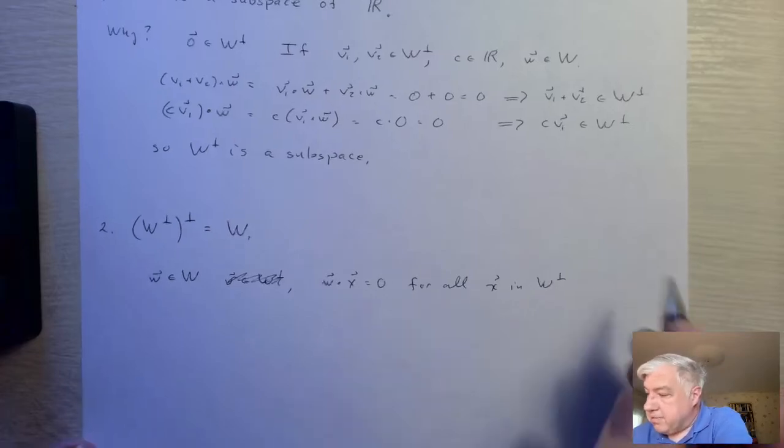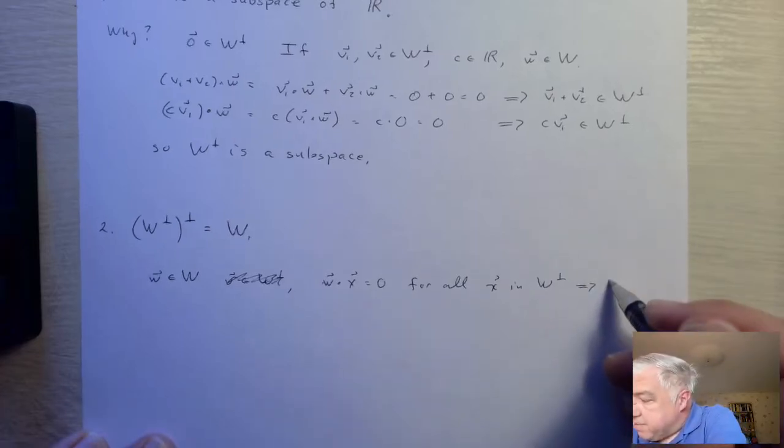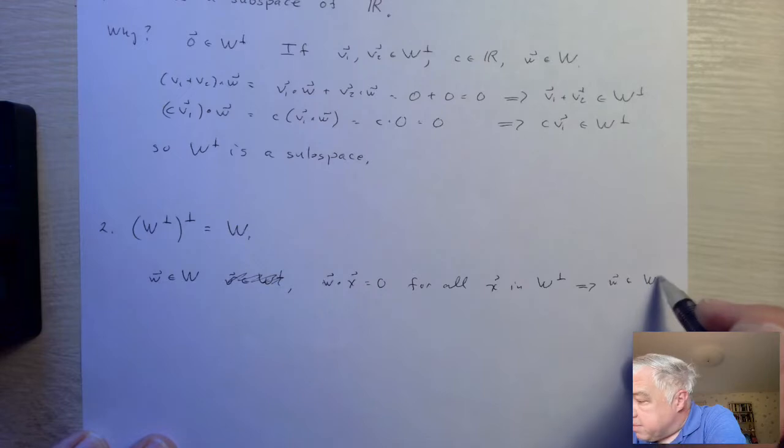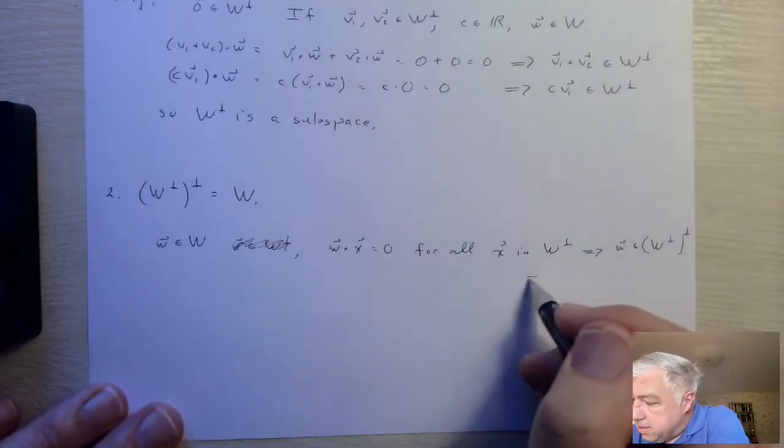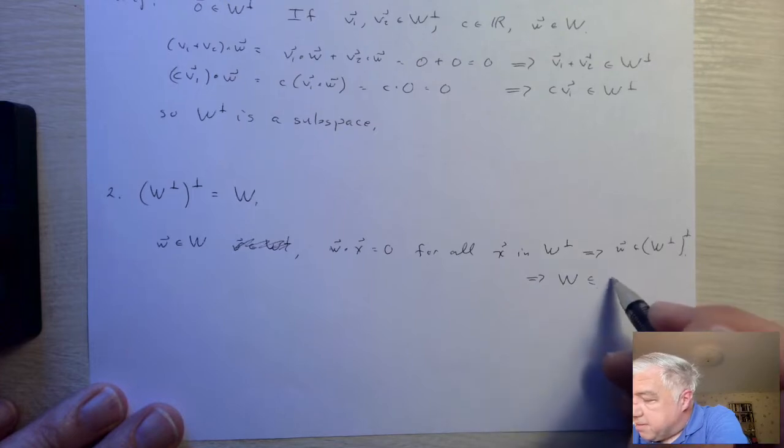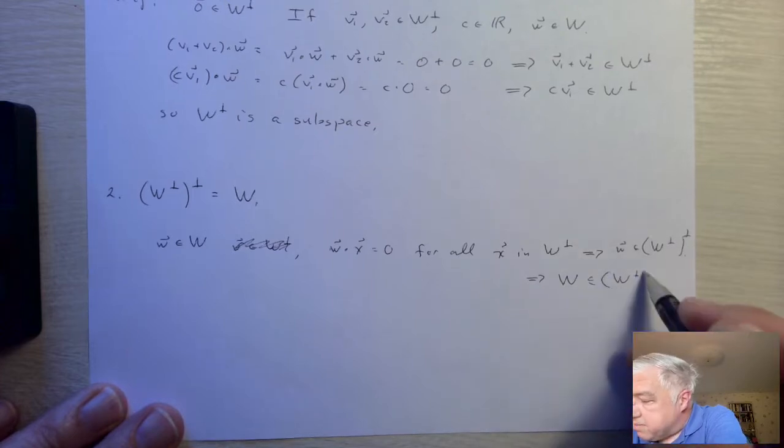Okay, that's clear. So that would mean that little w is in W perp, and that means that big W is in big W perp.